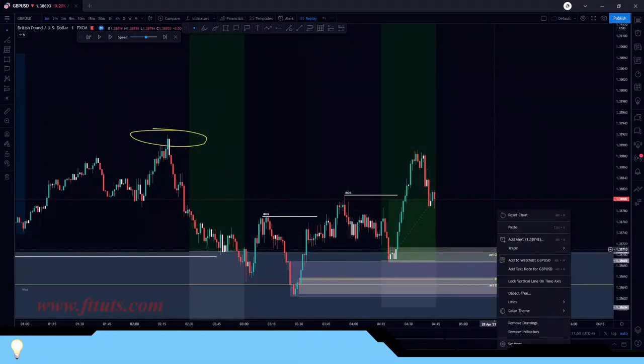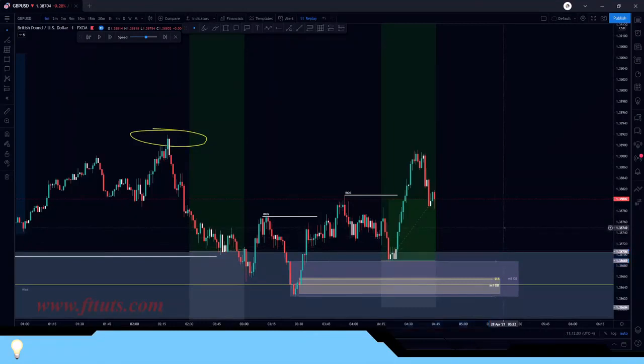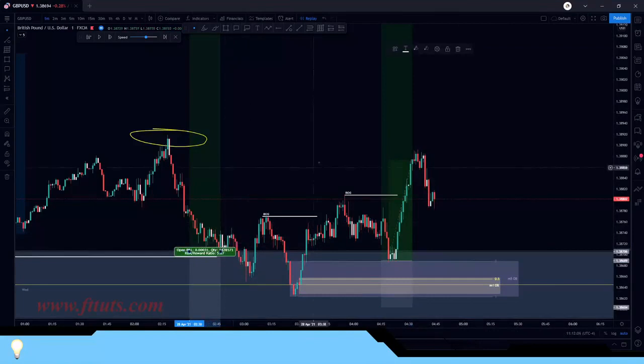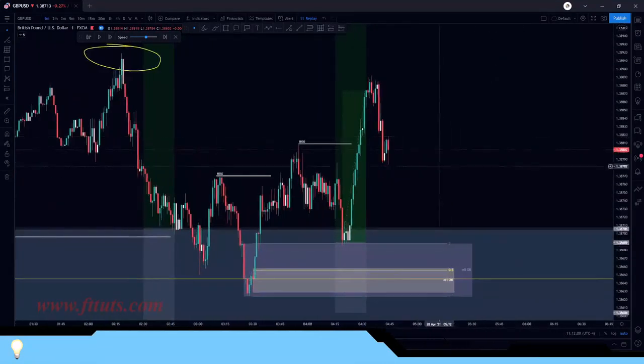So I simply ignored this order block here, and I simply waited for price to tap into this 1 minute block for execution. Okay, which is at the proximal, equilibrium point of this 5 minute, and I rounded my entry at 138,660.